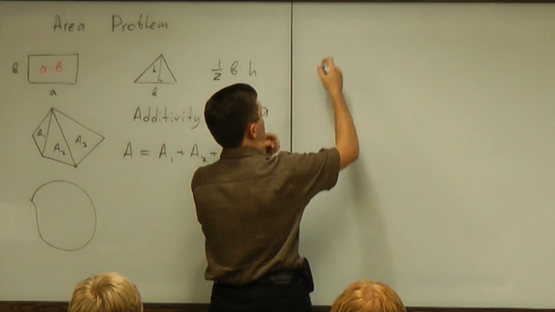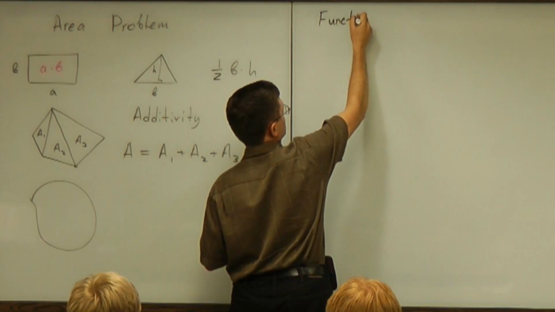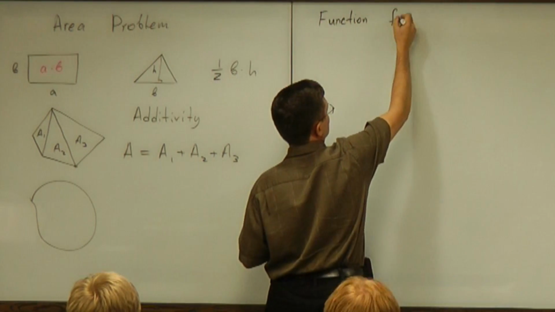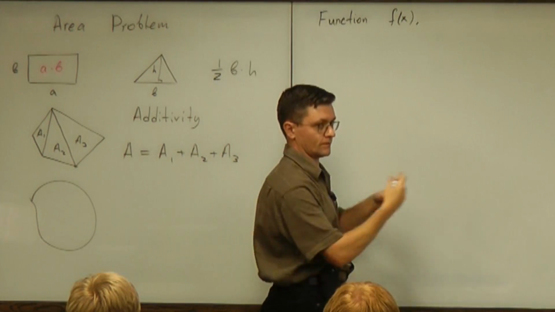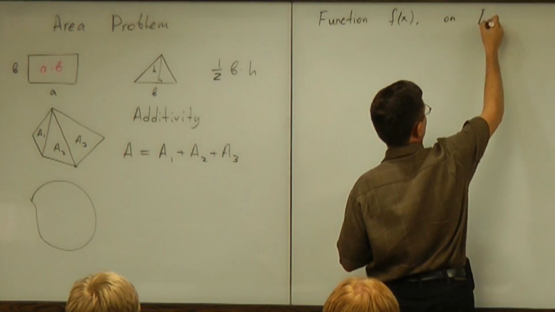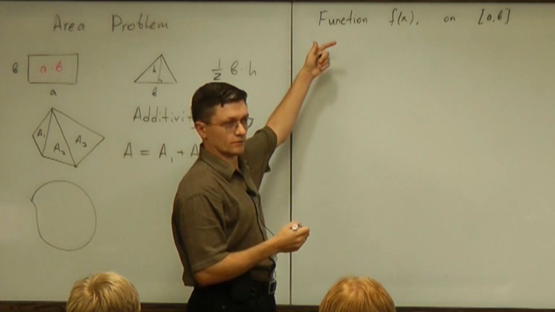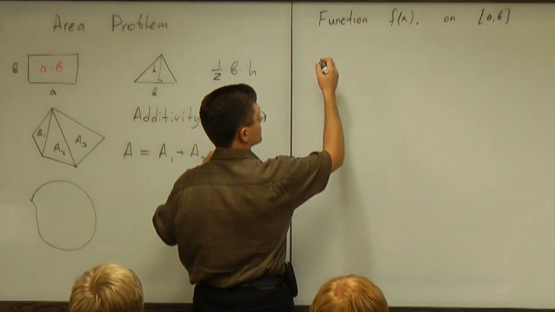So we assume that there is a function, and that function is defined on some interval. And we try to find the area under the graph of that function.